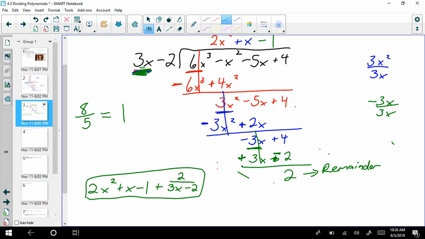And how much was left over? Well, 1 times 5 is 5, and there's 3 left over. So that's the same as 1 and 3/5. Notice what you did. You put the remainder, the leftovers, over what you were dividing by. It is the same concept with polynomials. It just doesn't look as nice.